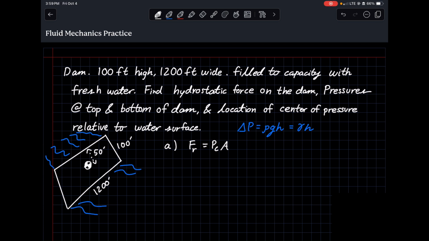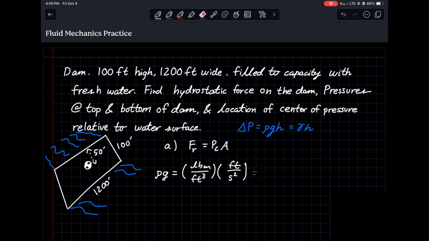And gamma, you should really use it whenever you are in the English system, because if we have rho times g, so density, which is pound mass per cubic foot, times gravity, which is in feet per second squared, then this does not come out to be anything nice.